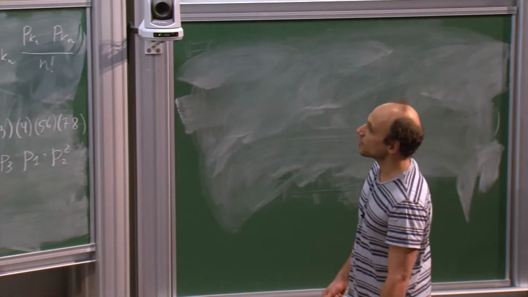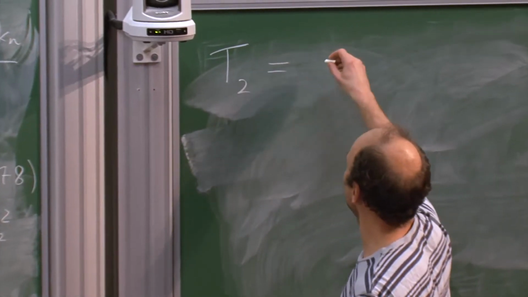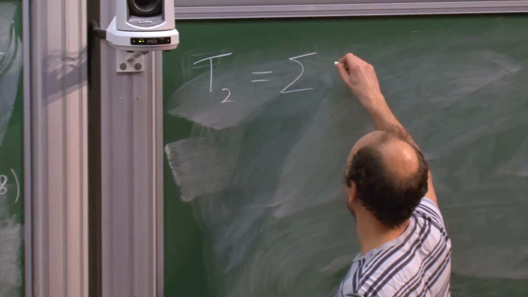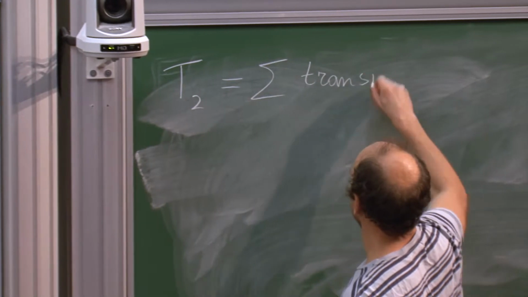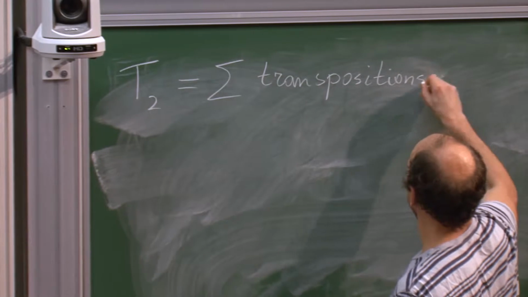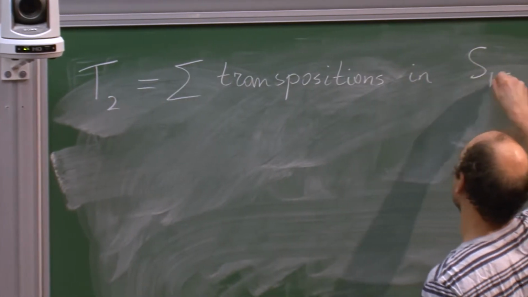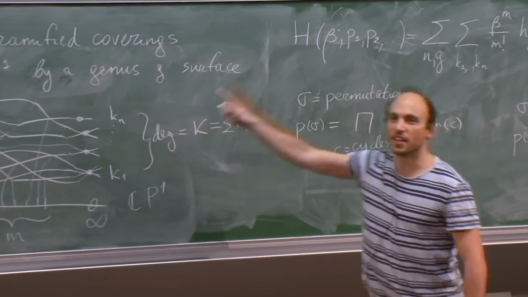So now let's denote by T2 the sum of transpositions in S_K, where capital K is the degree of this covering, or the sum of the ki's.